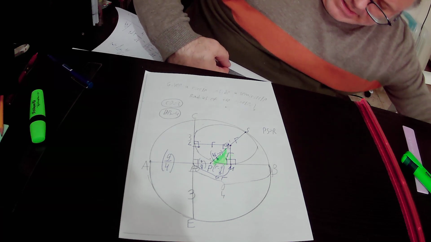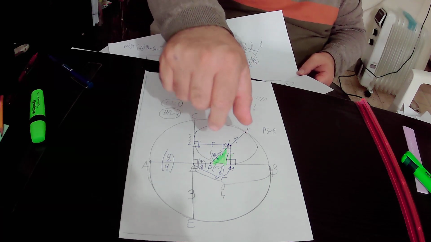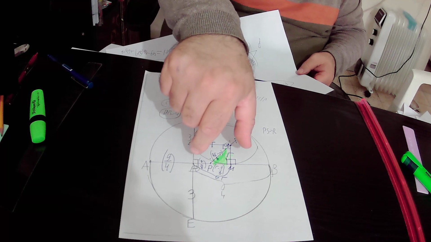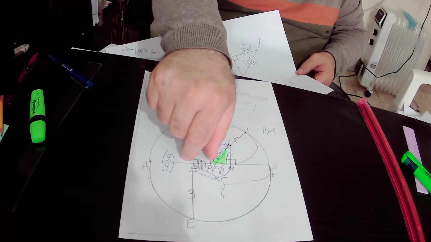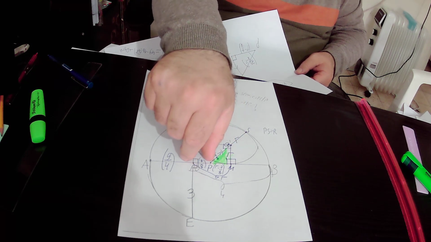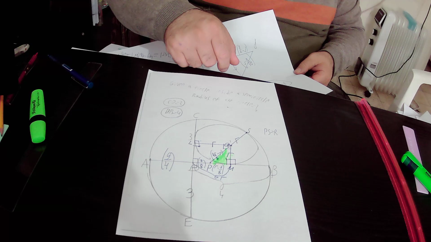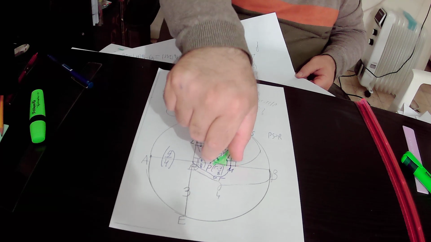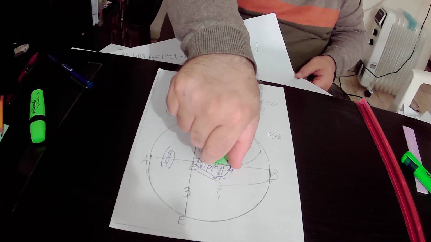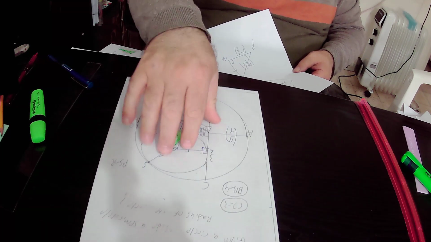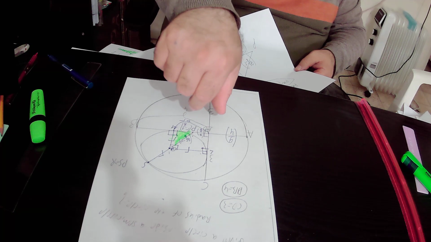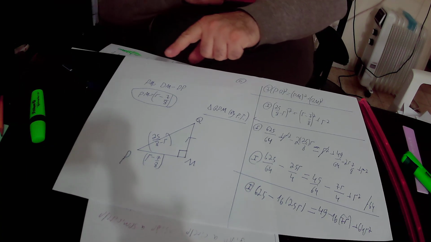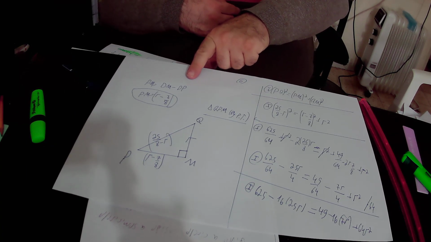What is the length of PM? Here PM equals DM minus DP.